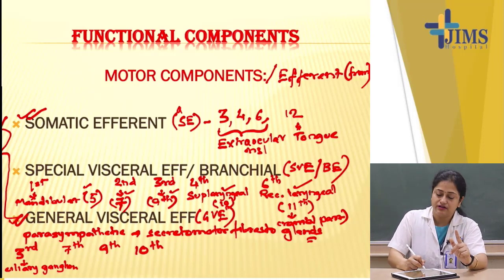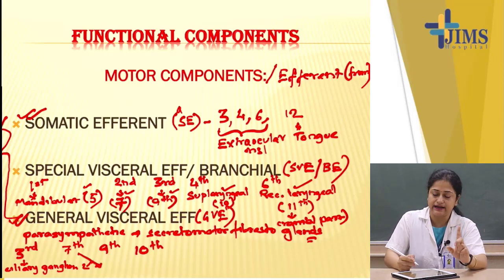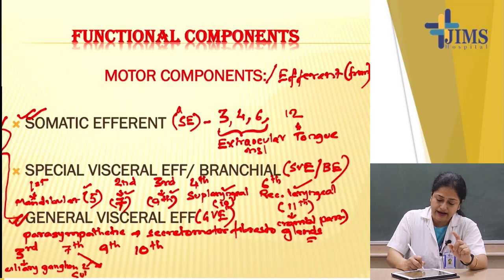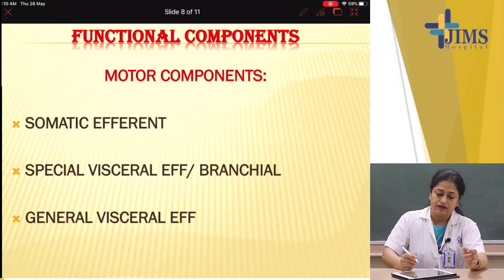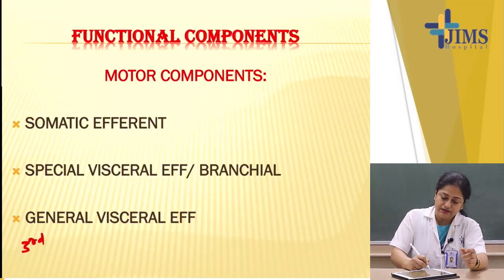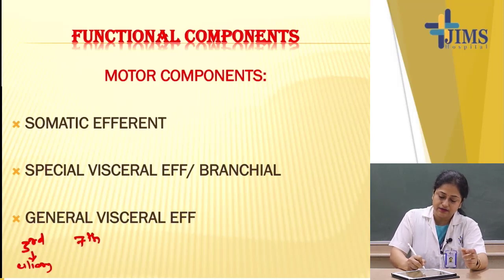The 7th or the facial nerve is concerned with two ganglions. One is the submandibular ganglion, and another is the pterygopalatine ganglion. Okay.